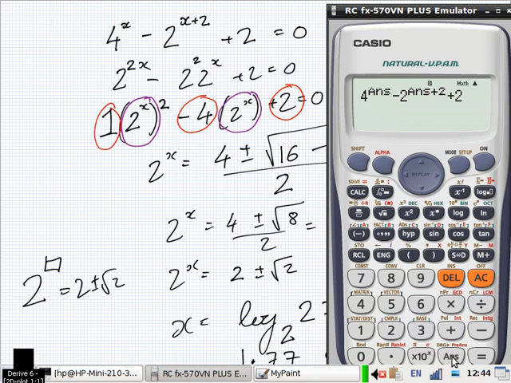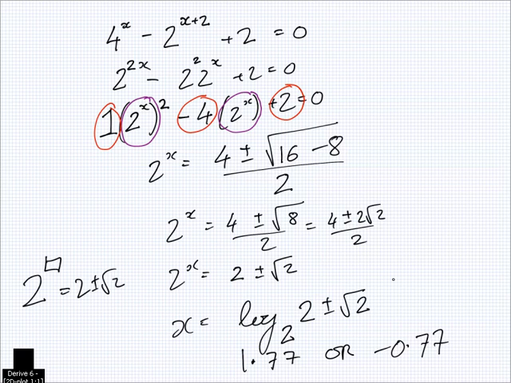What should I get here? 0. Which I do. So it's impossible for me to imagine getting this one right and the other one wrong. So I have good reason to believe my answer is most certainly right. This is a hard one. I think this is the hardest one you could get in the exam on this topic.